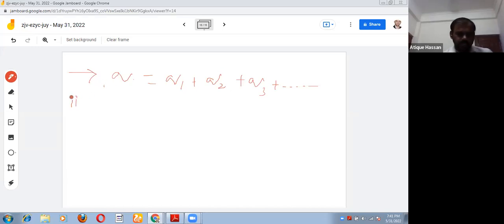Second, you have studied quantization of charge, which I explained earlier also. Quantization of charge means charge is always an integral multiple of the elementary charge.